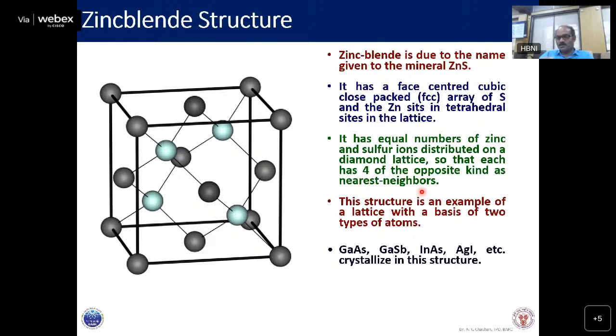So it is very easy to put a smaller atom in this void. Like in gallium arsenide, one atom is bigger and another atom is smaller, so it is a comfortable fit in such cases.